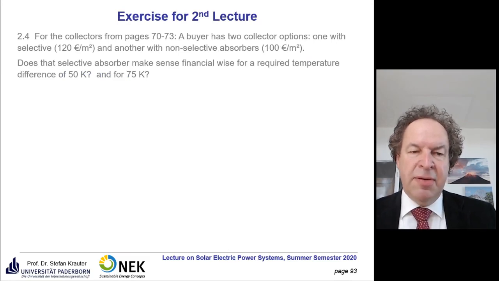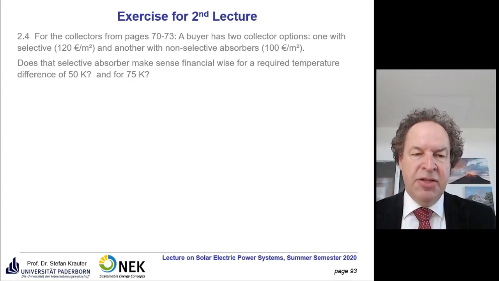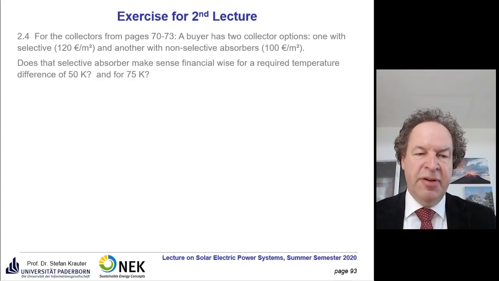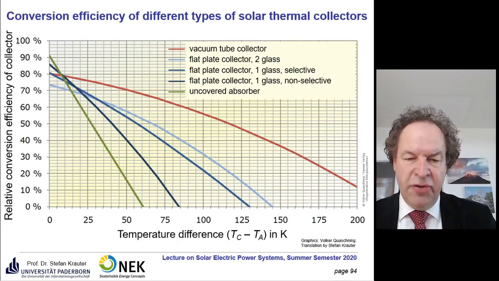So now we do some calculations about investment. We have the selective collector at 120 euros per square meter, and a non-selective absorber at 100 euros per square meter, and the two temperature differences, 50 Kelvin and 75 Kelvin. And we take a look at the curves again.